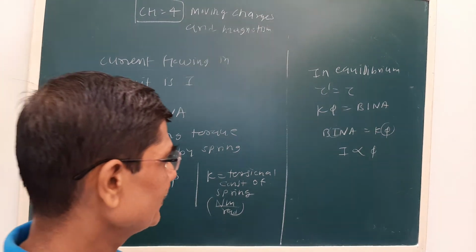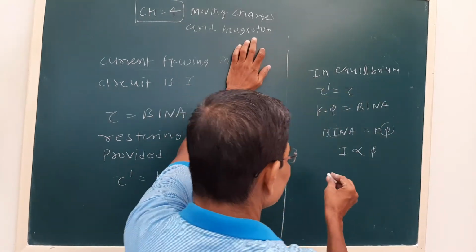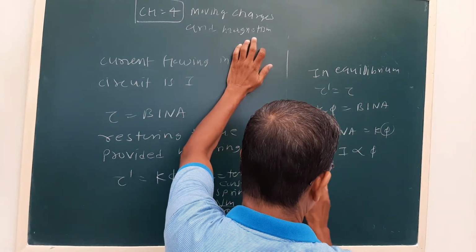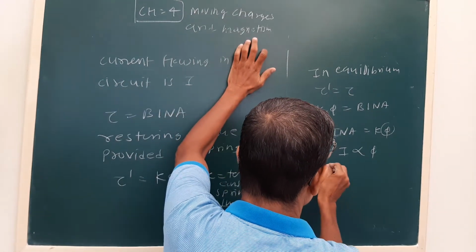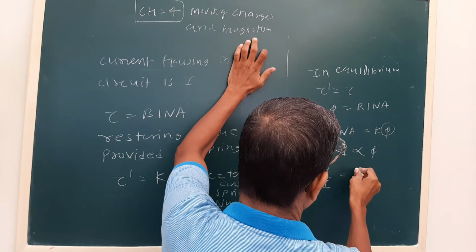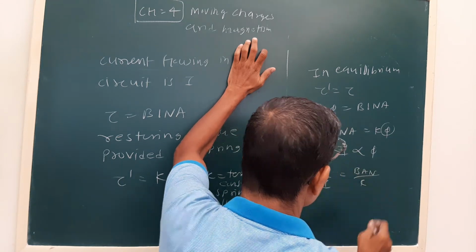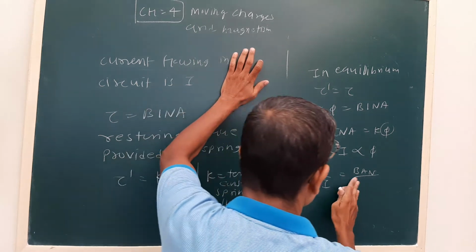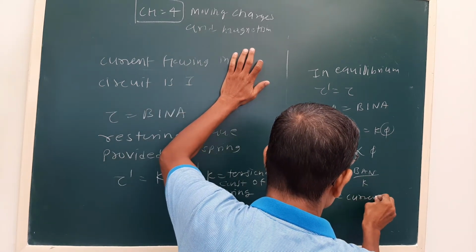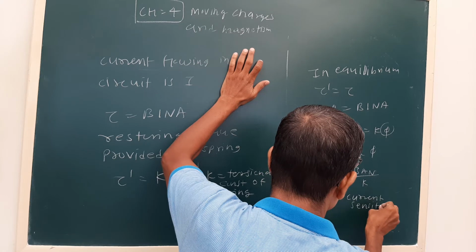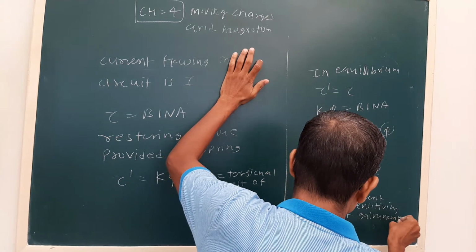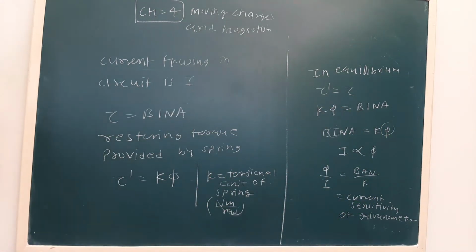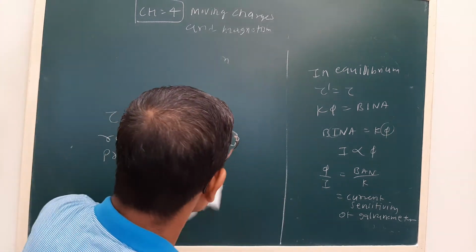Now we have seen B na is K phi, so we can say B I upon phi, phi upon I, will be B A N upon K. This phi by I is called the current sensitivity of the galvanometer.